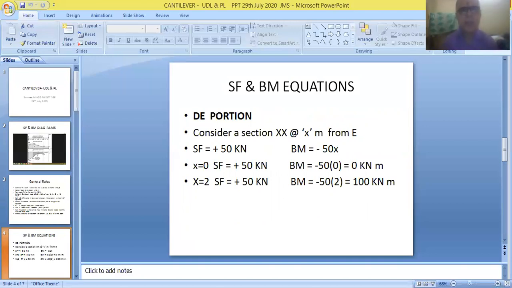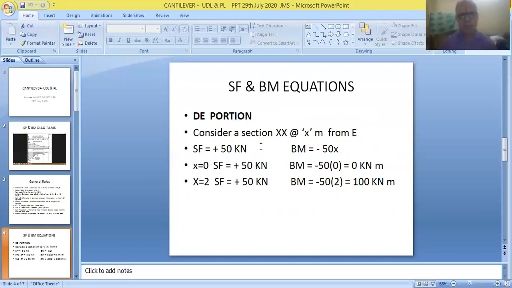So friends, as I've already told you, we always have to begin at the free end of the beam, and we have to move in reverse direction. So therefore DE is taken as the first portion.